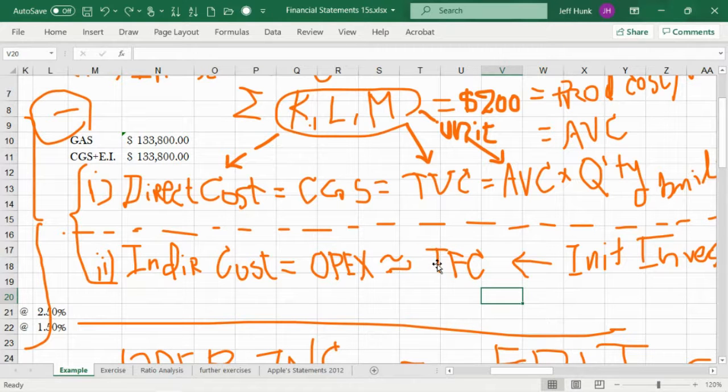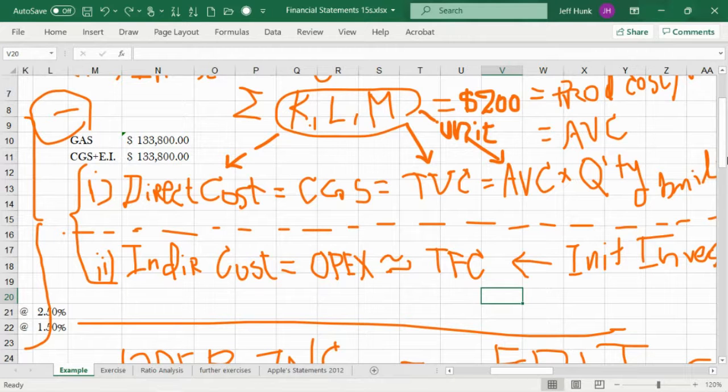Now, this month there is a surge of demand. The demand has doubled. That means this particular month, 20,000 units is the production level.